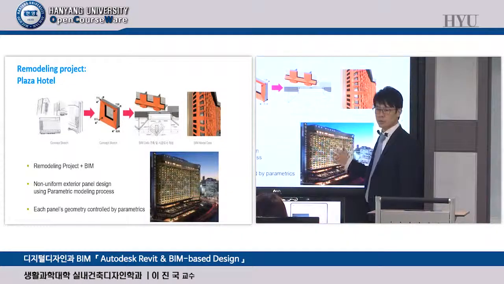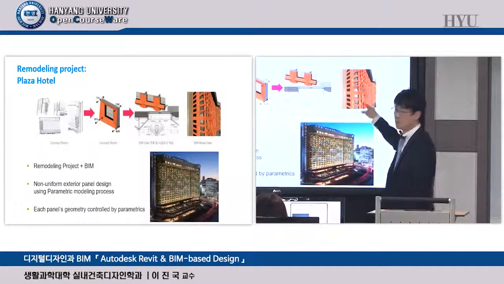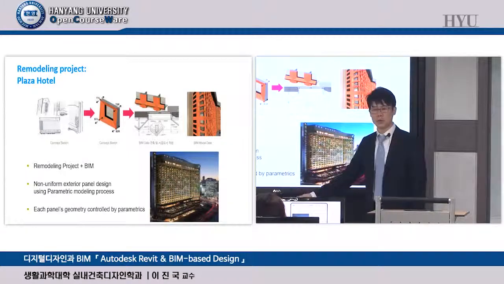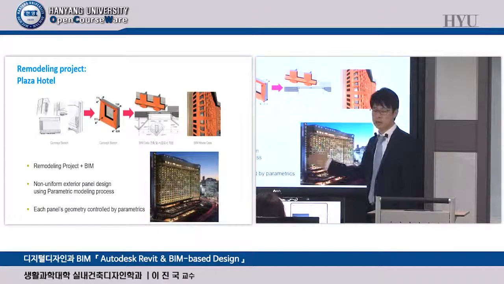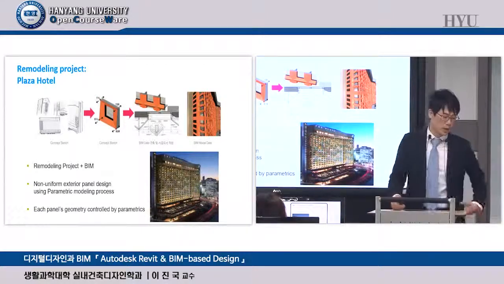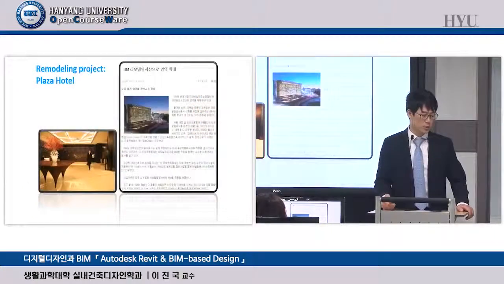Actually, I'm not talking about the impact of this design, whether it is good or not, but anyway, different window systems, different frame systems, all totally different, were manufactured at the factory, transported, and installed in order, thanks to parametric modeling and BIM technologies.